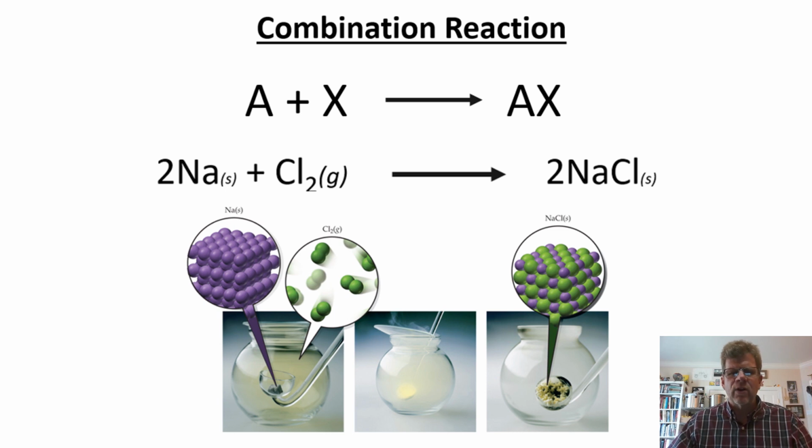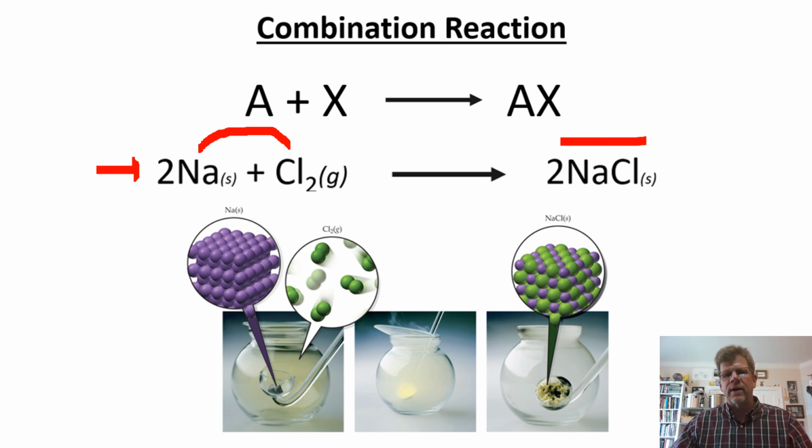You don't have to pay too close attention to these pictures here. It's just a fun way of bringing to life a chemical reaction. But really right here, 2Na plus Cl2 goes to 2NaCl. Here, clearly we have two separate reactants and they're combining into one product. This would be an example of a combination or a synthesis reaction.